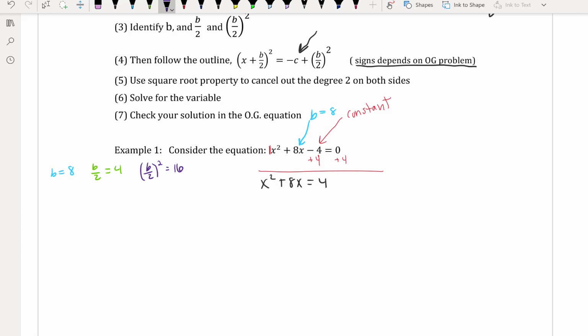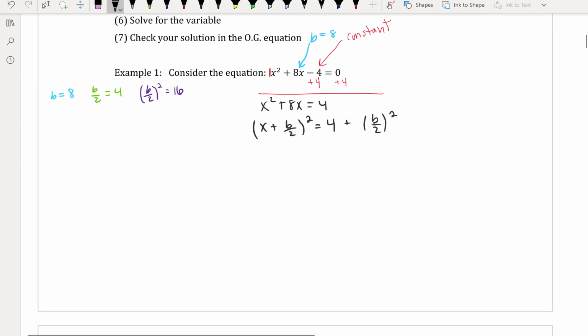So now I have all of my pieces of information, and now I'm going to follow that outline. So remember that general outline, I have that x plus my b divided by 2 squared is equal to that constant, which is 4 because I moved it, plus my b divided by 2 squared. So, okay, now I'm going to plug in what I have.